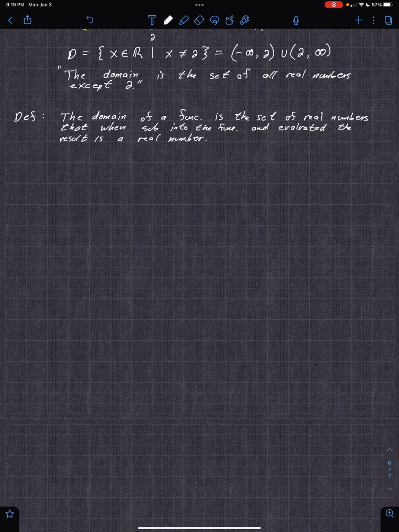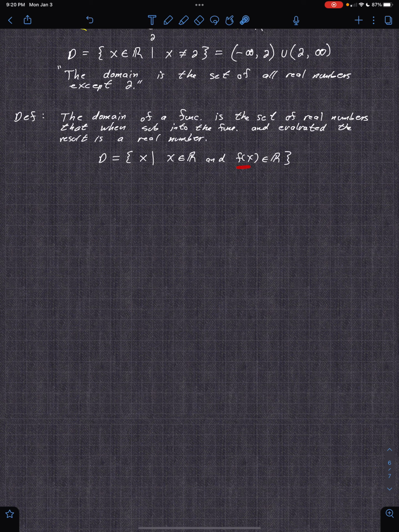One way to write it, and here's another domain concept. So domain is equal to the set of all values x such that x is real, and once you evaluate f of x, it is also real. So this is what I mean by evaluate.